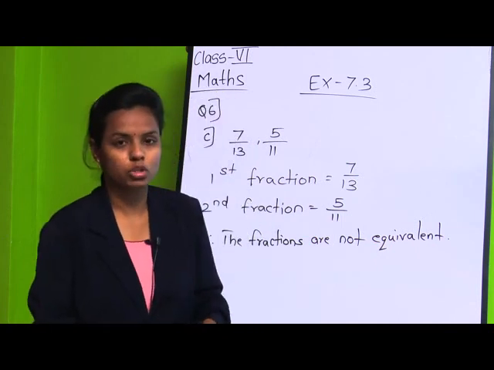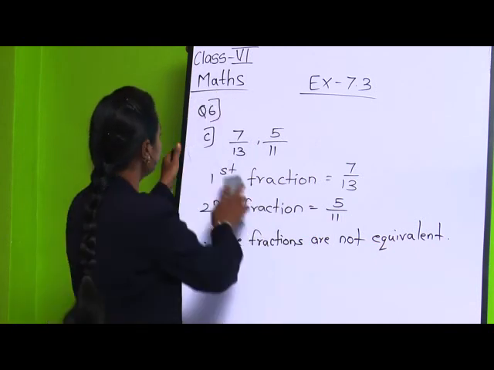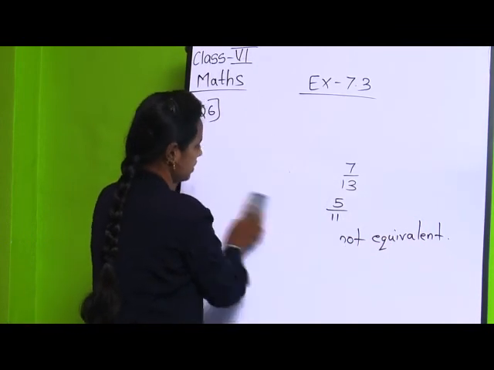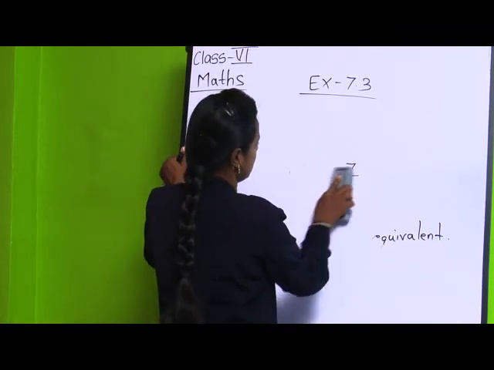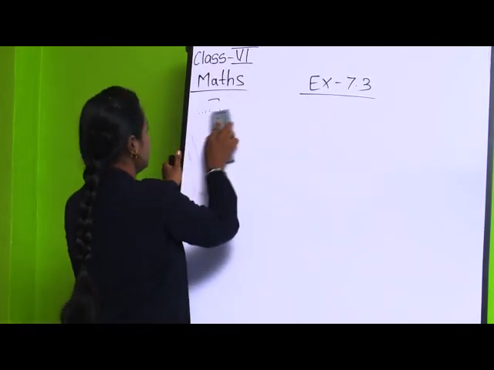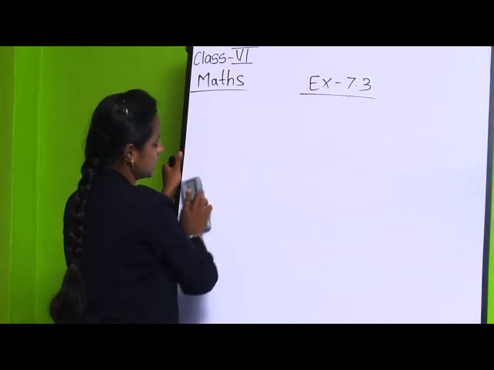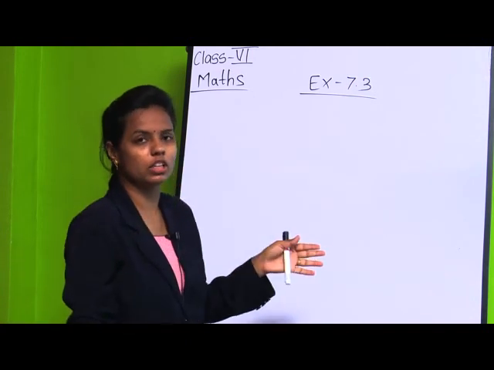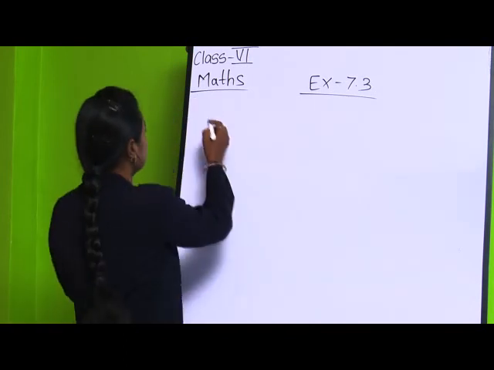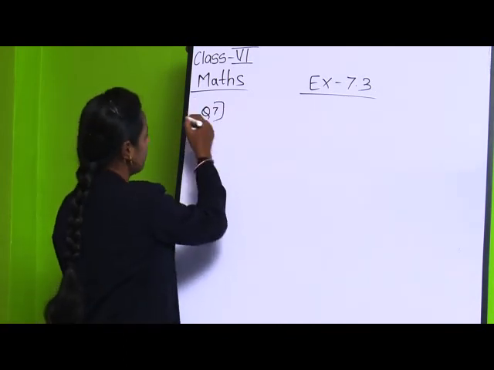Let us move to solve the next question. So here this was a question where two fractions are given and we need to find whether both the fractions are equivalent or not. Now the next question, that is question number 7.